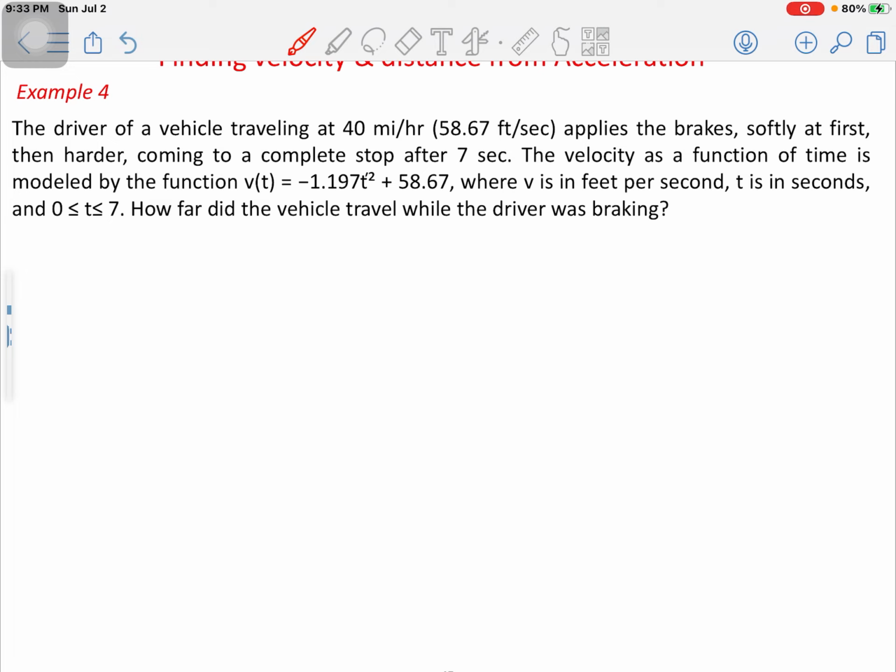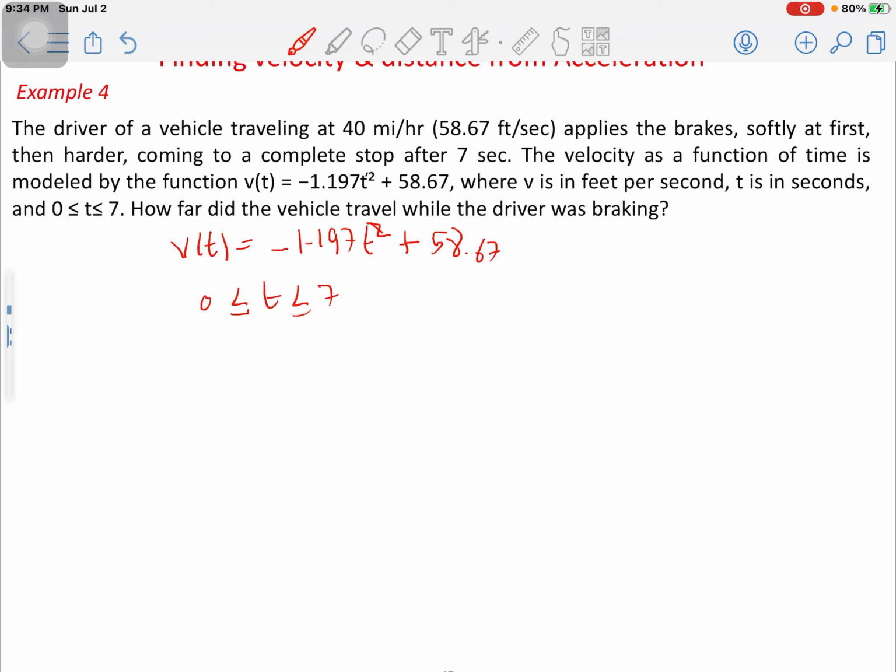The velocity as a function of time is modeled by the function v of t equal to negative 1.197 t squared plus 58.67, where v is in feet per second, t is in seconds, and the range is 0 less than or equal to t less than or equal to 7 seconds.